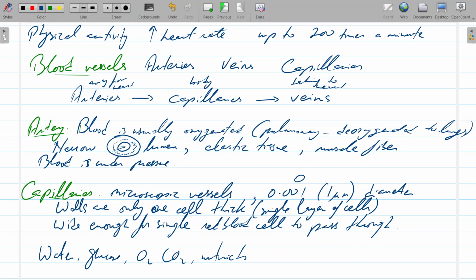Some cells known as white blood cells can leave. But others such as proteins and other larger molecules cannot leave the capillary. They stay in the blood. And then once all of that is done, they join back up to form what are called veins.